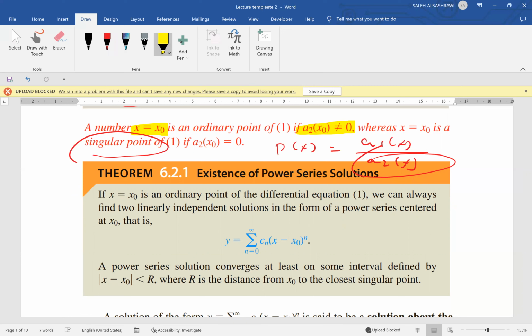So we can find a solution of this form: the power series sigma n equal to 0 to infinity c sub n multiplied by x minus x sub 0 to power n.